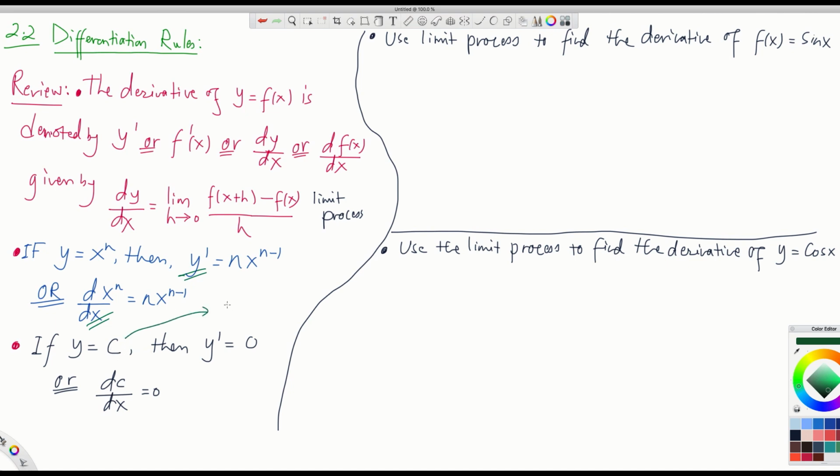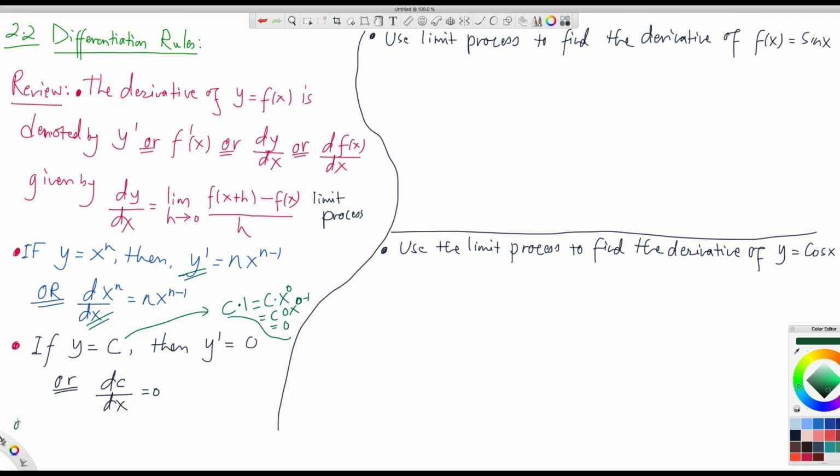You can write c equals c times x to the 0, pull that c out, and the derivative of x to the 0 is 0 times x to the 0 minus 1, and 0 times something is 0. That's how we did that. But why can you pull that c out and find the derivative of x to the 0 only? We will discuss that later. But yes, the derivative of a constant is always 0.